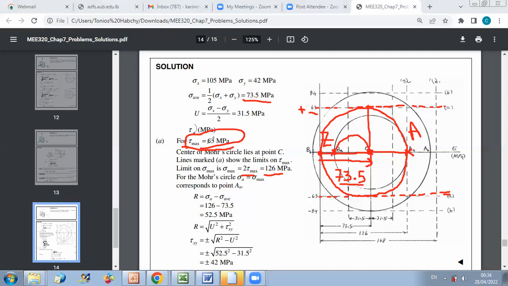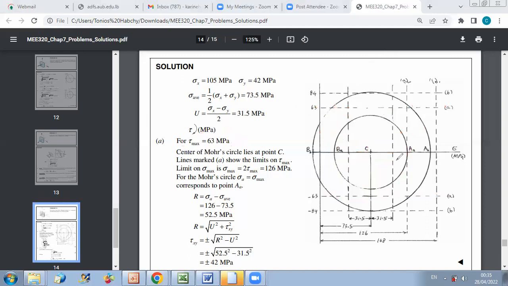So now, once we determined tau max is 63 megapascal, which corresponds to 2 times sigma A, because AZ is the circle corresponding to maximum shear stress, we can locate A. Locating A will allow us to find B, because once you find A, you know that in plane AB, sigma A is the maximum, and the sigma A coordinate is determined to be 2 times tau max, so 2 times 63 equals 126 megapascal.